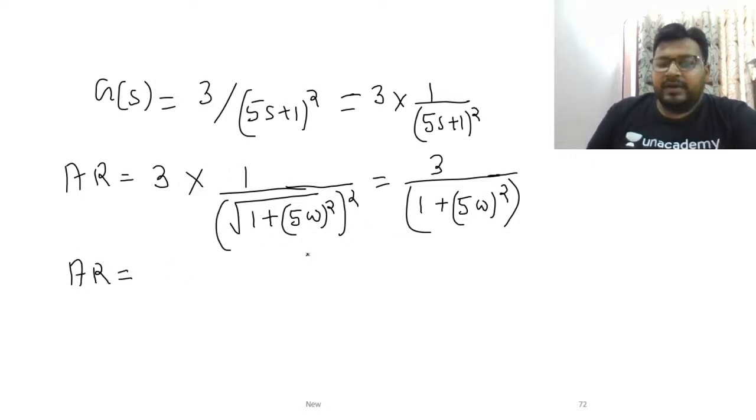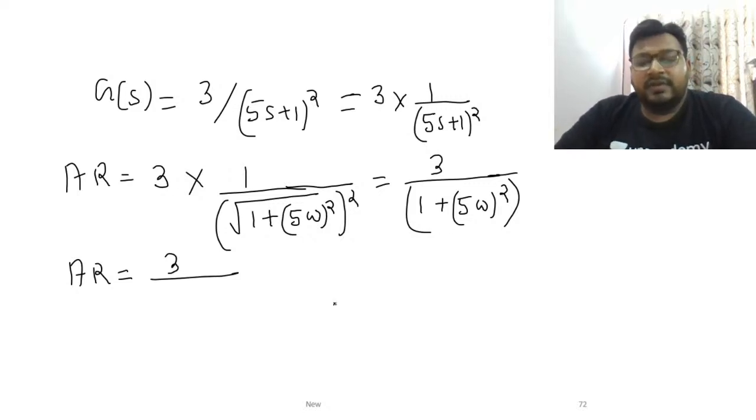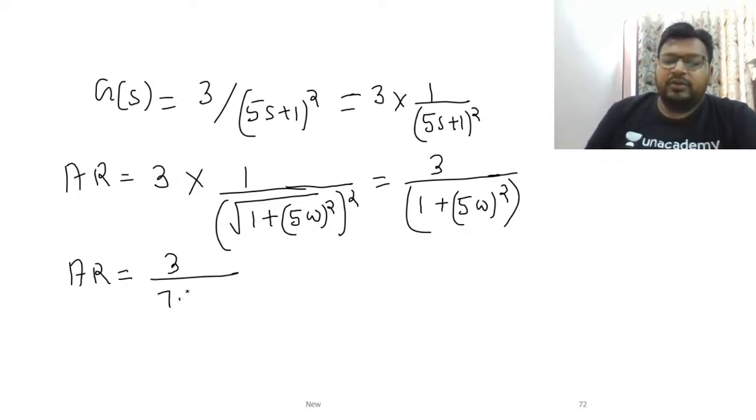So if it is 0.5, 3 by 0.5, that is 1 by 2, and 5 by 2 it's 2.5. 2.5 squared, 2.5 into 2.5, it's 625, and it's 6.25 actually. So 6.25 plus 1 it is 7.25, or ultimately 300 by 725.